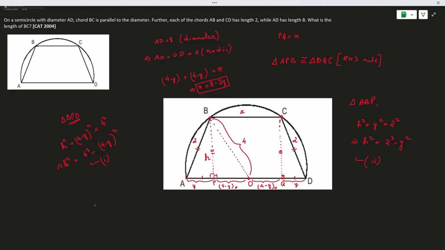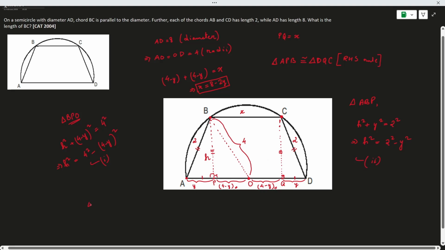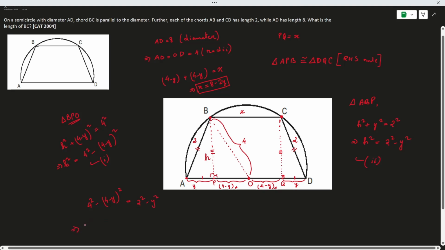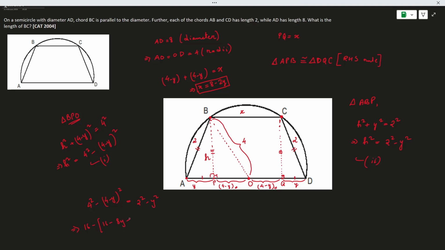From these two I can say, 4 square minus 4 minus y whole square is equal to 2 square minus y square. This is 16 minus 8y plus y square is equal to 4 minus y square. 16 and 16 will get cancelled, plus 8y minus y square equal to 4 minus y square, right?